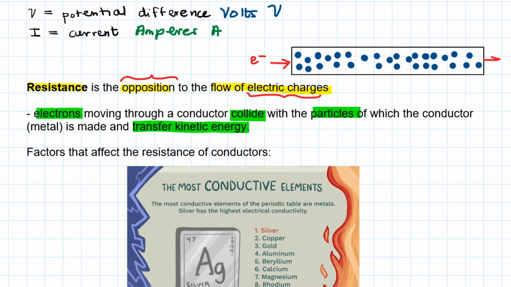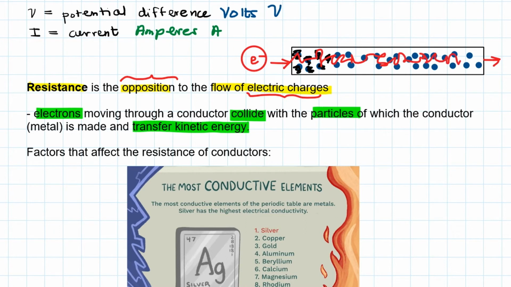But based on what you know from the kinetic molecular theory and states of matter, particles are constantly in motion, right? So they have kinetic energy and they are constantly vibrating randomly. So what basically happens is that when the electrons, the charged particles, try to move through this conductor, they end up bumping into the atoms.